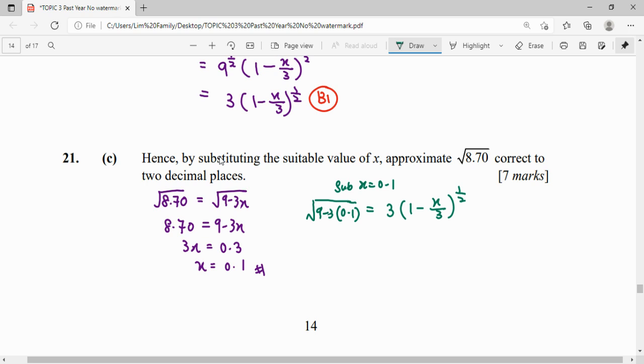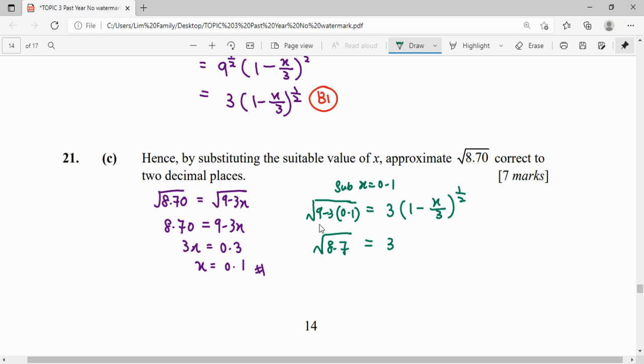So continue, we simplify it. For this, 9 minus 3 times 0.1. So inside here, we managed to get to our question.